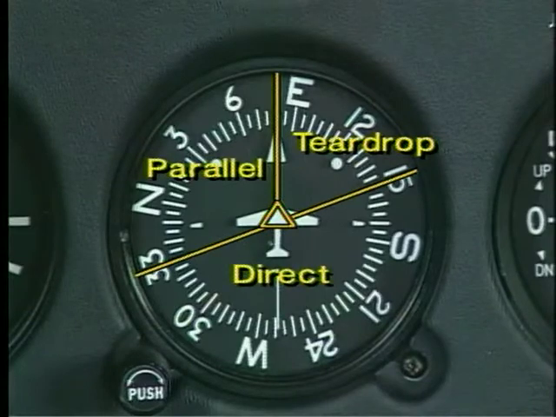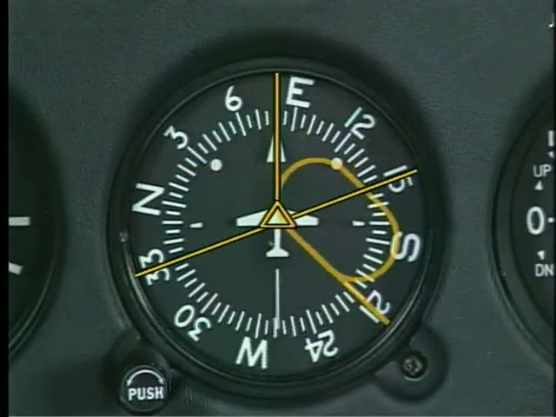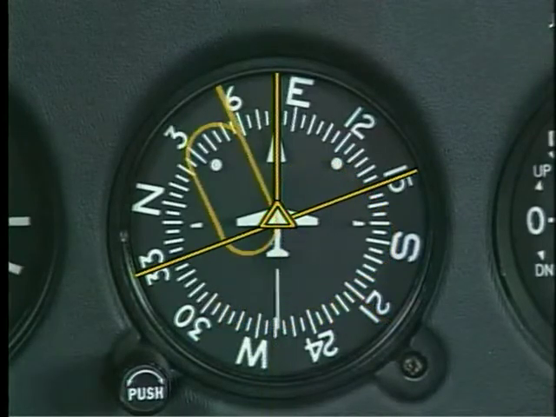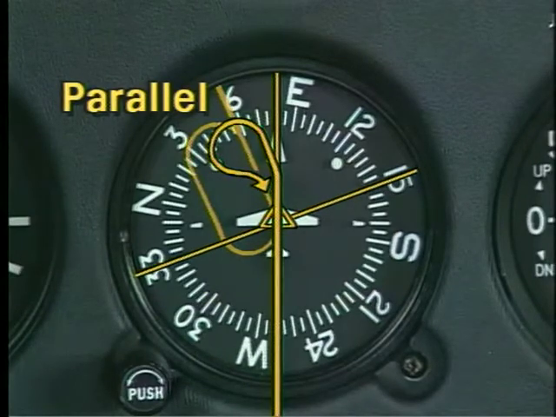For example, if the inbound holding course of a standard holding pattern is generally behind you as you arrive at the fix, you will probably use the direct entry. If the holding course is generally ahead and to your left, use the parallel entry.